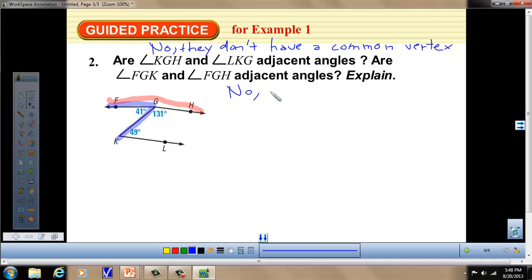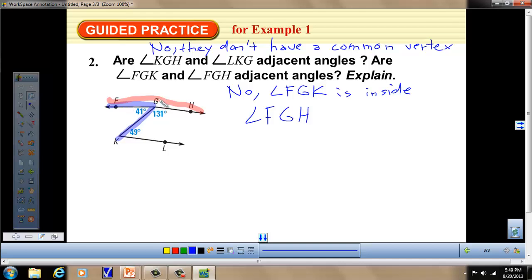because angle FGK is inside angle FGH. In other words, again, they would have to be right next to each other.